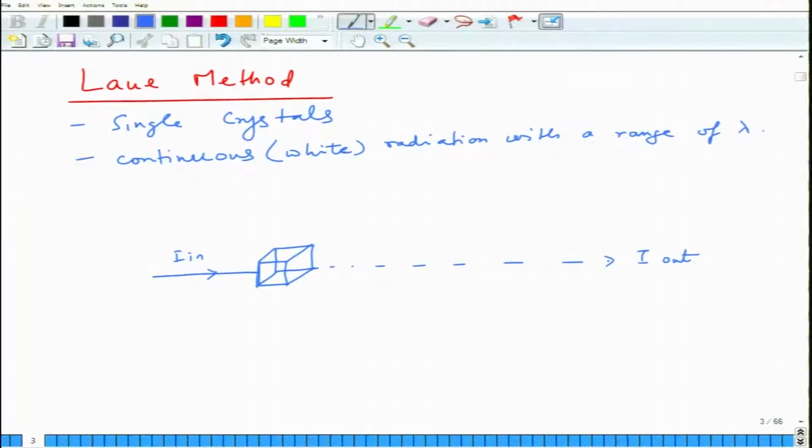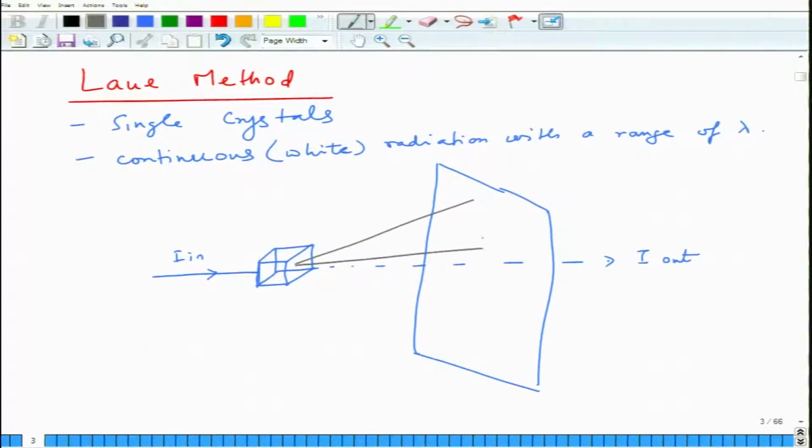As a result, if you keep a screen in front, somewhere here, this was the X-ray screen on which the diffracted spots are going to go. You can have diffracted spots going in various directions, and they go in such a manner that they form a cone, and the diffracted spots will lie like this.